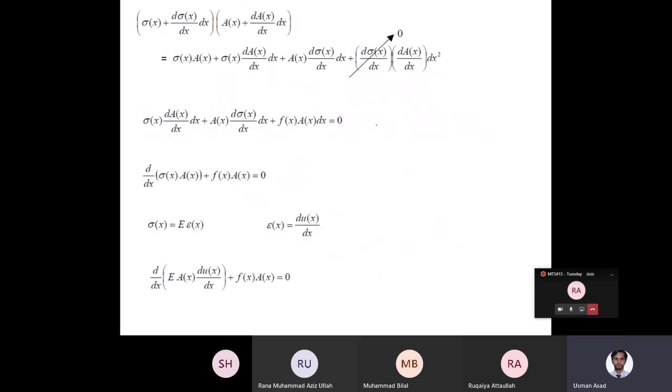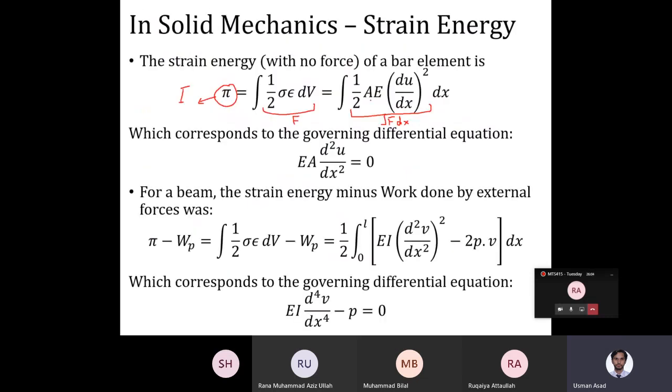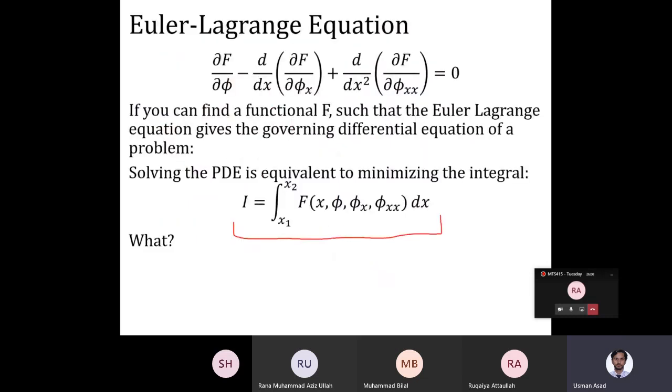So ये f क्या था, एक दफा दोबारा से देख लेते हैं. Half AE du by dx का square. ठीक है? So what we want to do is, if f is equal to half AE times the square of du by dx.